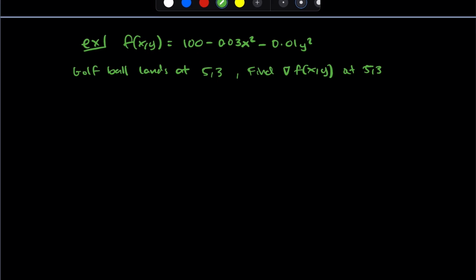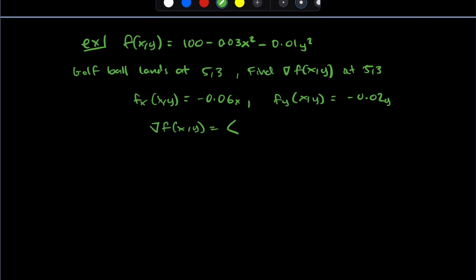Right? So if we were to compute this, f sub x of x comma y is equal to negative 0.06x, and f sub y of x and y is equal to negative 0.02y.